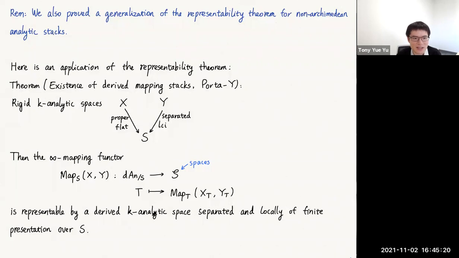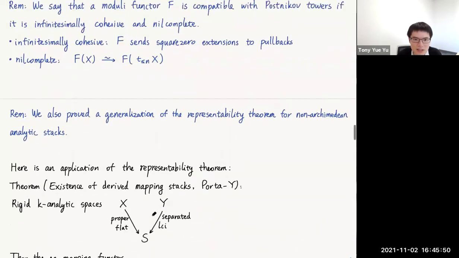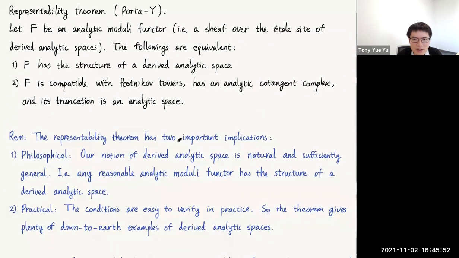There's the Artin-Lurie representability theorem in derived algebraic geometry, which starts from a functor satisfying a list of conditions and shows the representability in terms of a derived algebraic stack. It's slightly different from what we are talking about here, because here we assume that the truncation is representable, but in the algebraic case, one can do better.